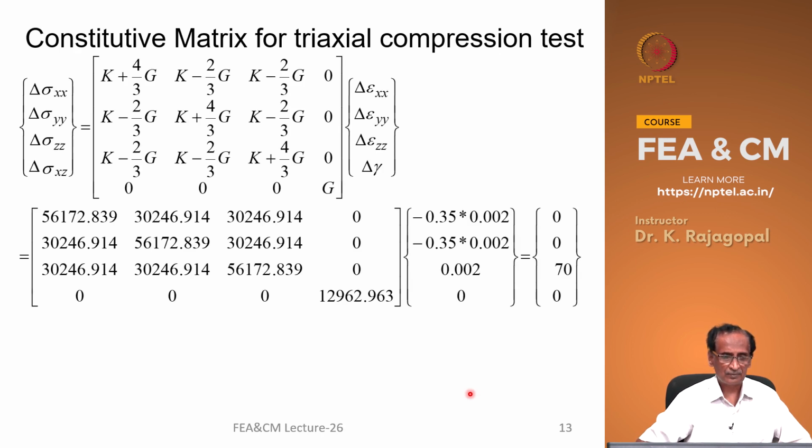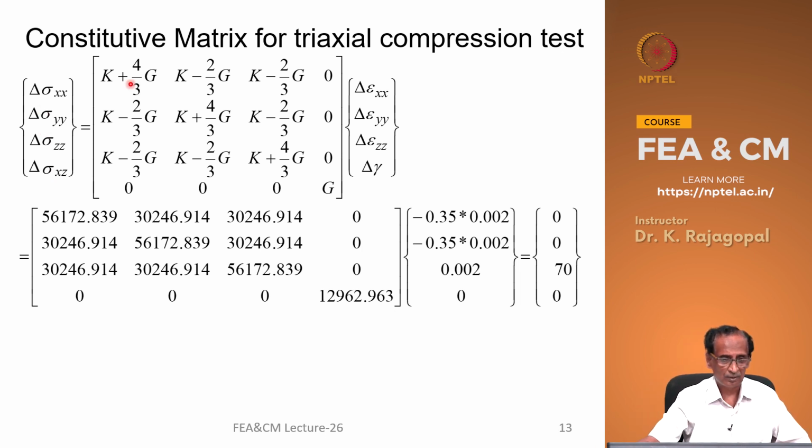The constitutive matrix for the triaxial compression test can be written like this: delta sigma xx, delta sigma yy, delta sigma zz, delta sigma xz. Actually, you can also take it as delta sigma r, delta sigma theta, and then delta tau, but I am just writing it in terms of x and y for better clarity.